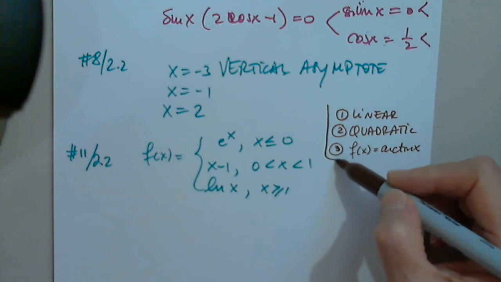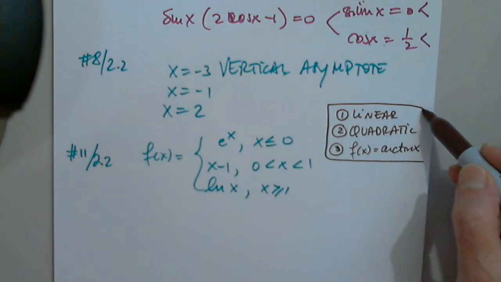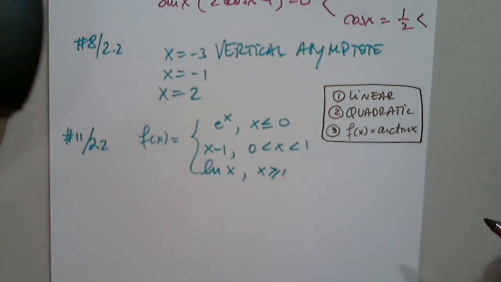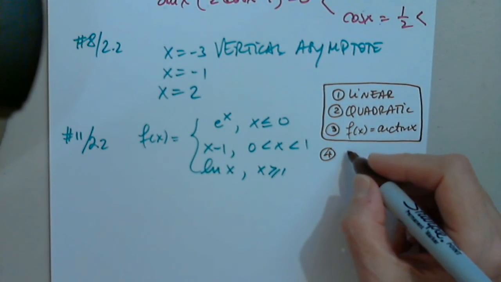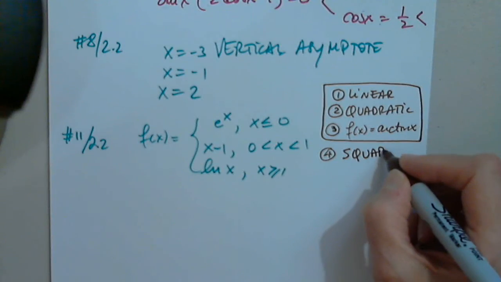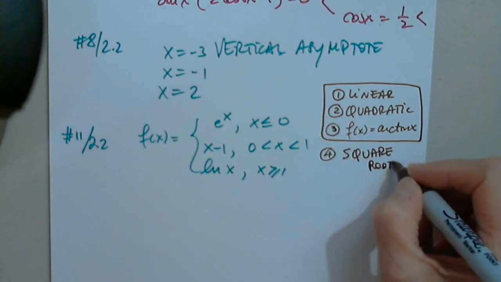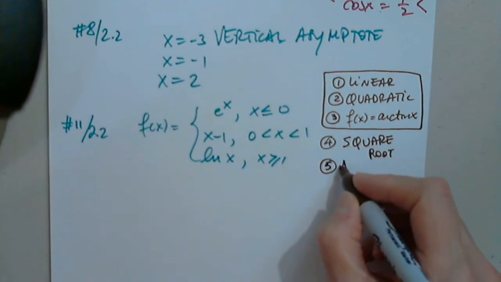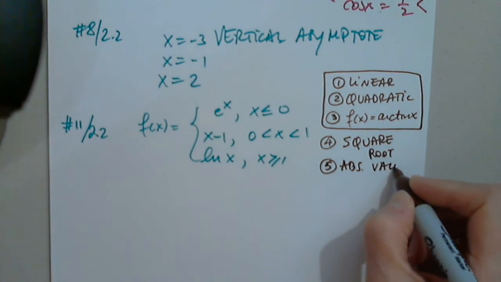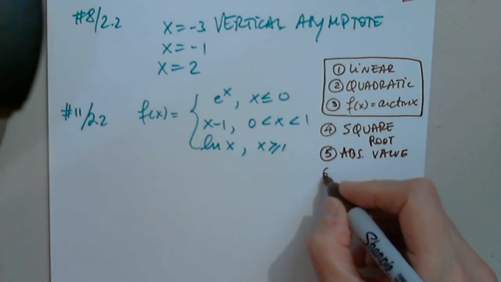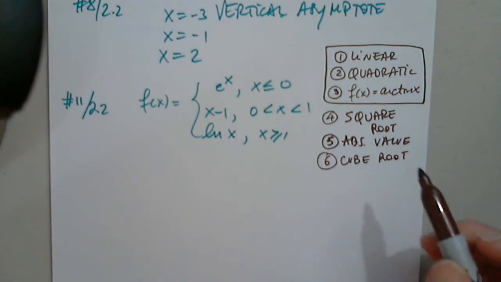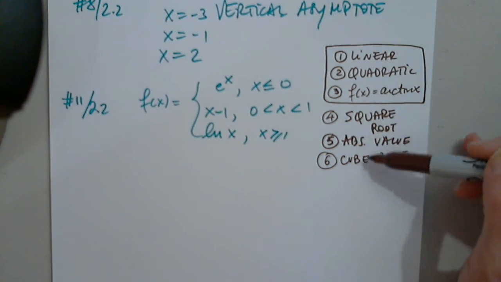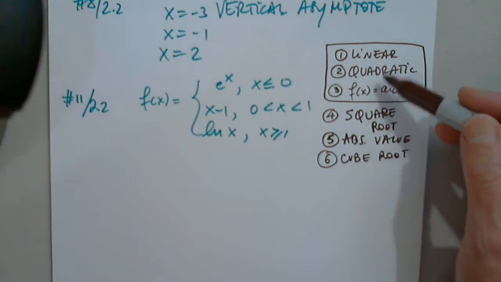So moving forward, these should be carved in stone. Also, what else should be carved in stone is square root, absolute value, cube root. So these should be carved in stone at least.